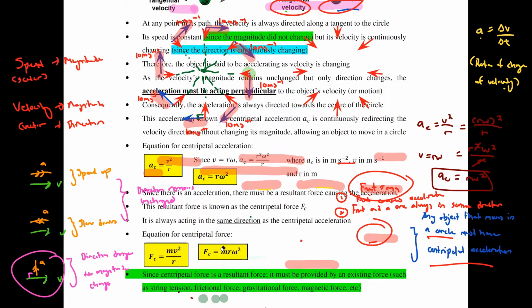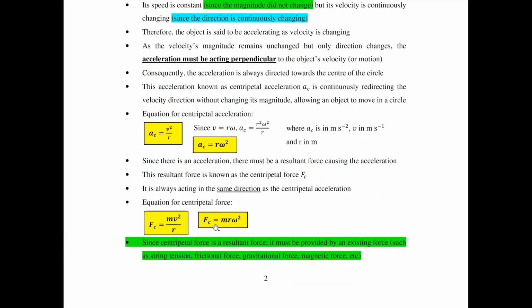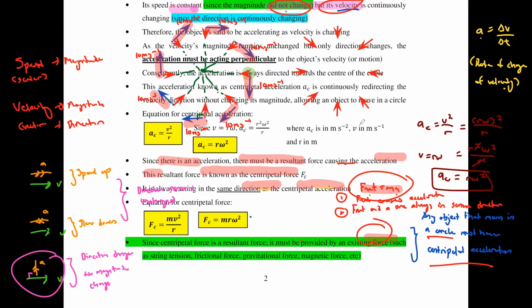Now, if we have centripetal force, what is the equation that represents it? Since we said just now that the centripetal acceleration is caused by resultant force, if we use F net equals ma, we can adapt this to circular motion, where centripetal force equals mass times centripetal acceleration.